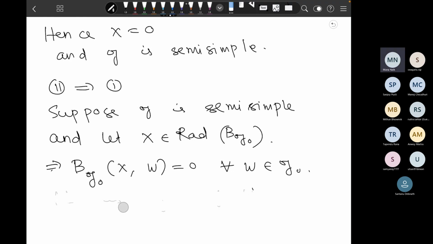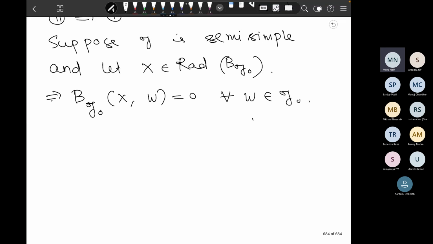now I will use this fact that BG naught is equal to BG restricted. So X belongs to G naught and W belongs to G naught. I use this fact, so this implies BG XW is equal to 0 for all W belonging to G naught.